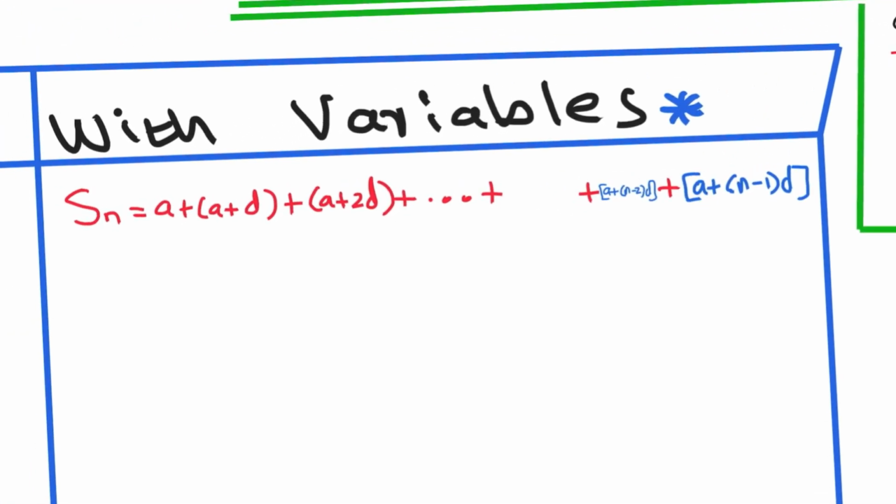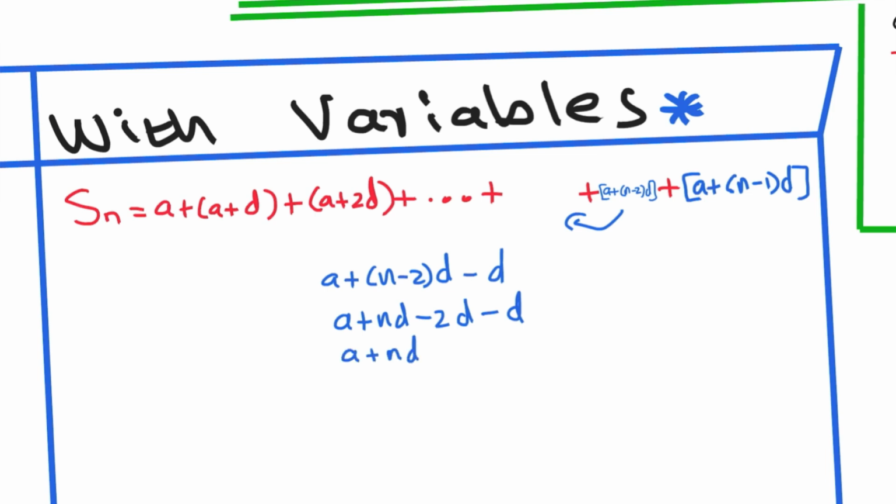And now, I want another term that comes before it, right? So I'm going to take the current one that I just got and minus D again. Which is going to lead us to the same process: A plus n minus 2 into D minus D, A plus nD minus 2D minus D, right? A plus nD minus 3D, because these two are like terms. Now I'm taking out the D as a common factor.